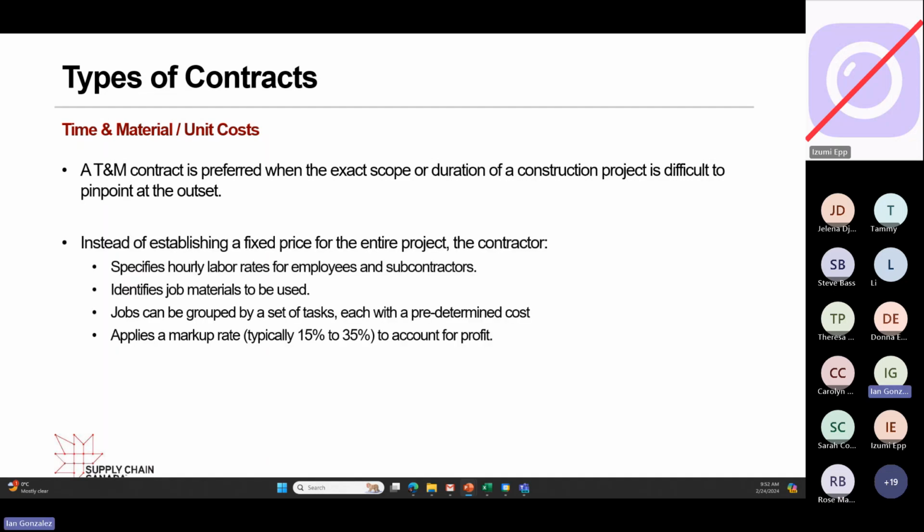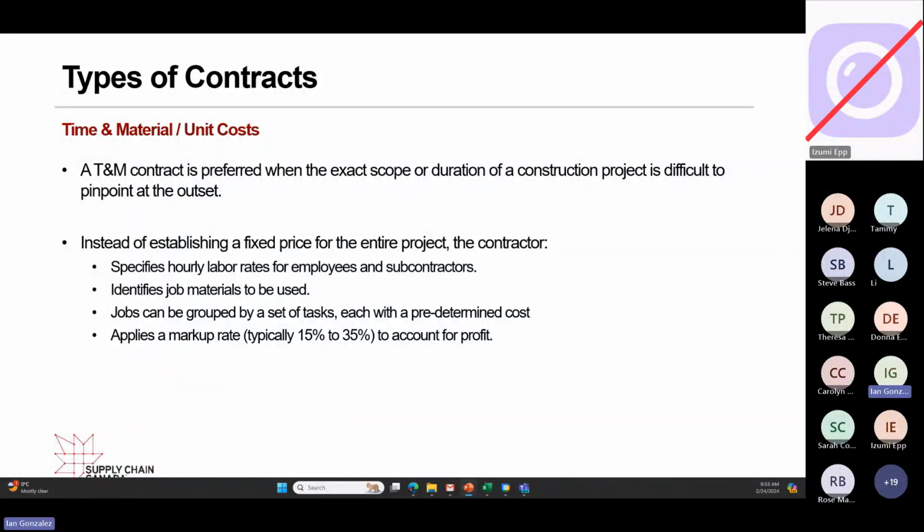Instead of establishing a fixed price or lump sum for an entire project, the contractor specifies hourly rates for employees and subcontractors, identifies job materials to be used, and this next one doesn't exist in cost reimbursable. Jobs can be grouped into a set of tasks, each with a predetermined cost. That's where the unit cost term comes from, right? So a scope can actually be a mix of smaller jobs, and each job is packaged at a cost, all right?